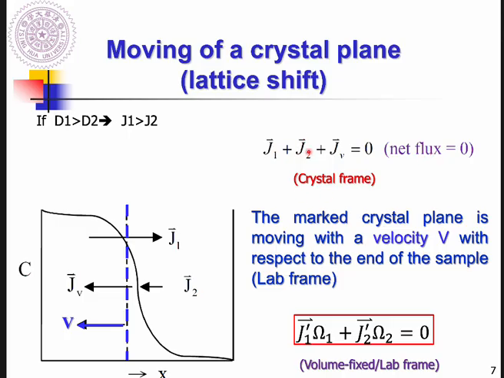So even though J1 is larger than J2, we spontaneously have a vacancy flux to balance it, to allow the net flux to equal 0. So J2 plus JV equals J1. That leads to the net flux equal to 0. This is a quite famous rule: J1, J2, and JV sum to 0 to allow net flux equal to 0.